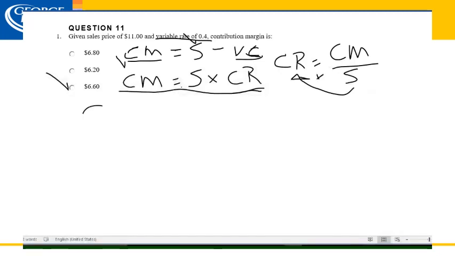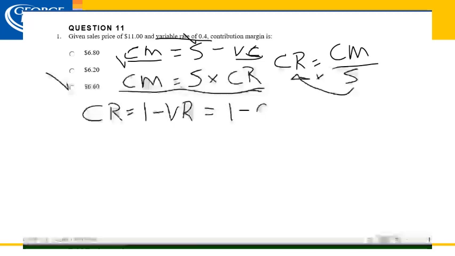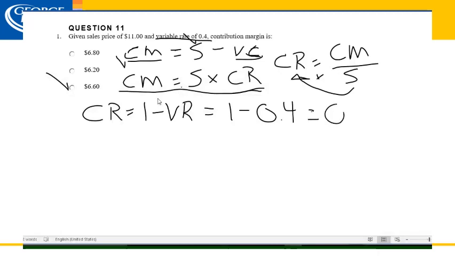So in this case, our contribution rate is equal to 1 minus our variable rate, which equals 1 minus 0.4, which turns out to be 0.6. So our contribution rate is 0.6.